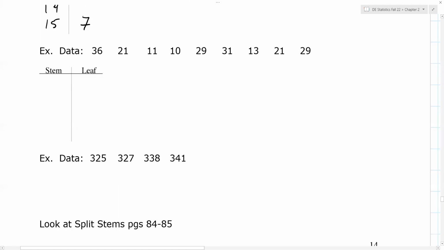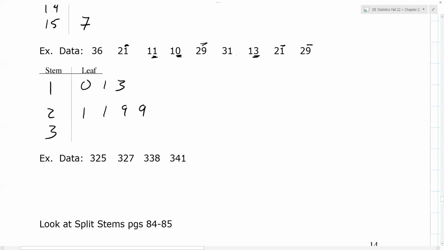All right, for this next one, it looks like we have 3 different stems. We have 1, 2, and 3. And then again, we have to go in order. So my leaves are going to be 0, 1, and 3. Then I have 1, 1, 9, 9.